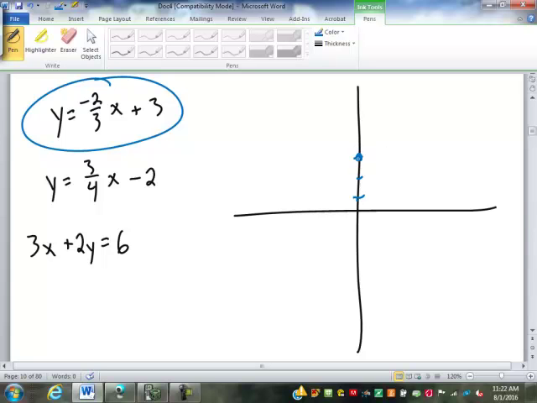Careful. Remember, it's rise over run. So it's down 2 over 3. Questions on that one? Anybody have that one?